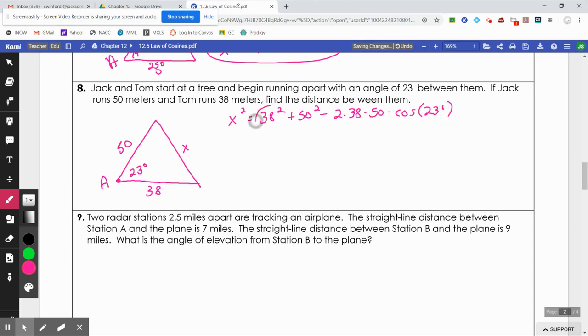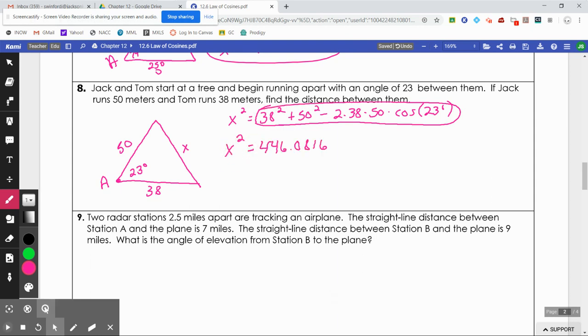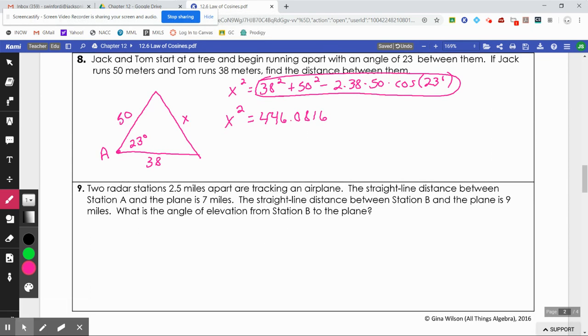It doesn't matter which one's b and c. Plug that entire thing into our calculator, and we get x squared is equal to 446.0816, which we find x by taking the square root of that, and that would give us that x is approximately 21.1 meters, about how much distance you have between the two.